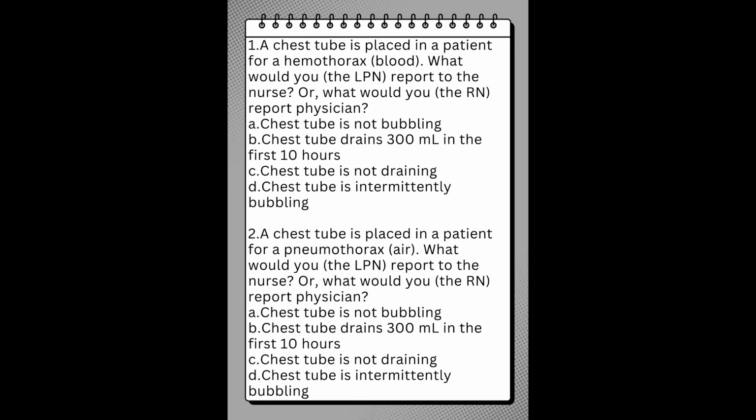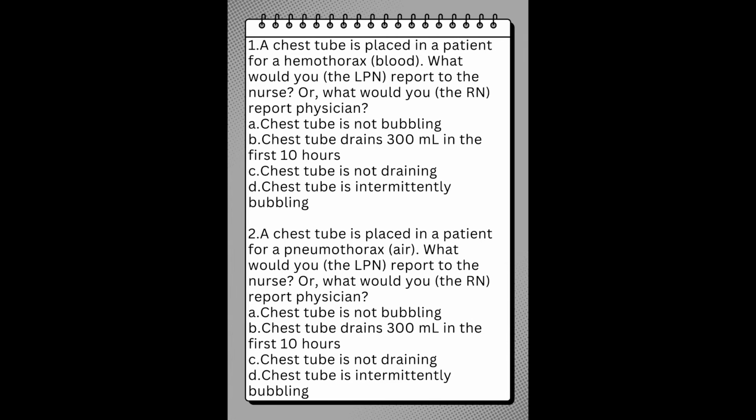So let's go straight to the first question we asked and see how to attempt it following what we just studied. The first question says a chest tube is placed in a patient for hemothorax. Remember, hemothorax is blood. What would you, the LPN, report to the nurse, or what would you, the RN, report to a physician?